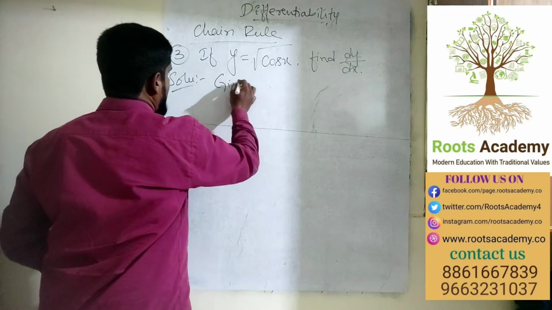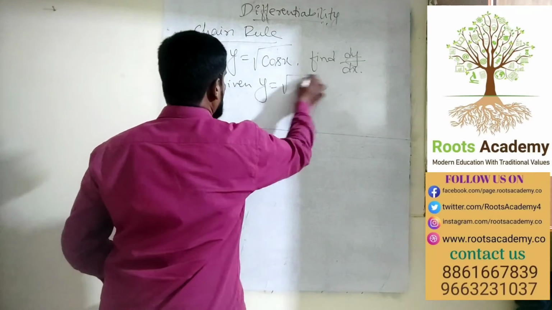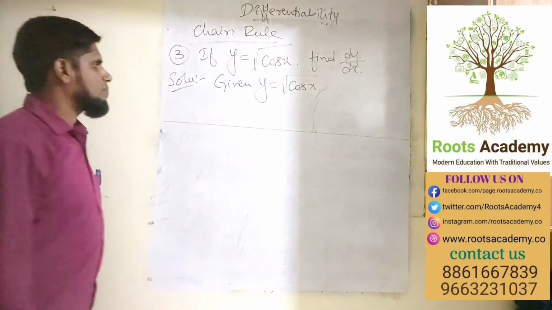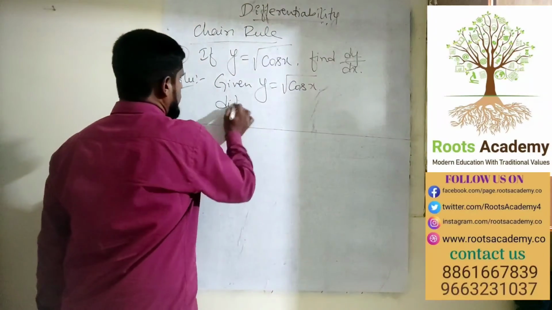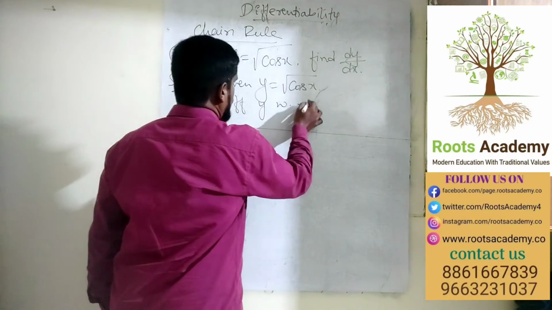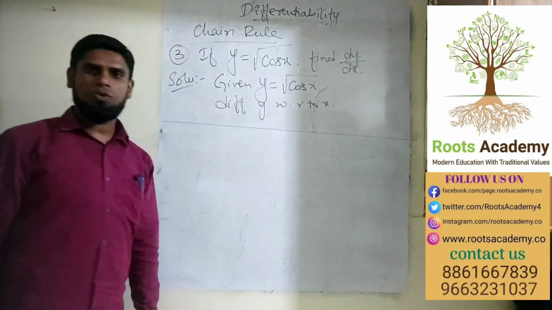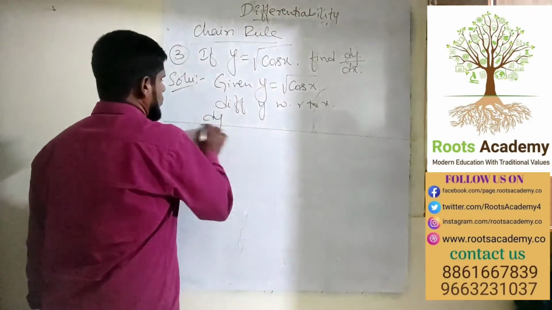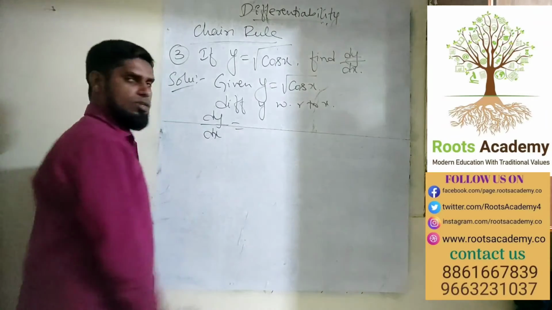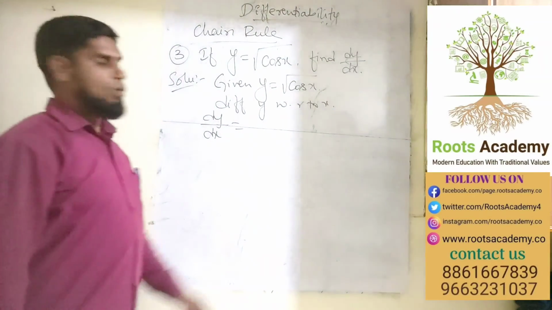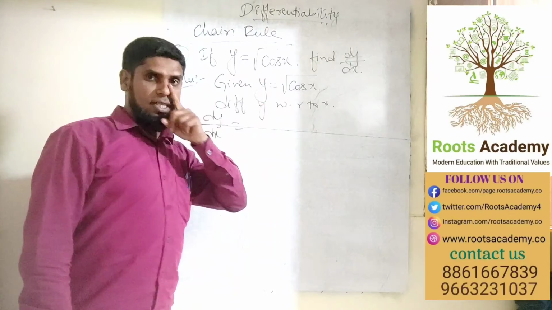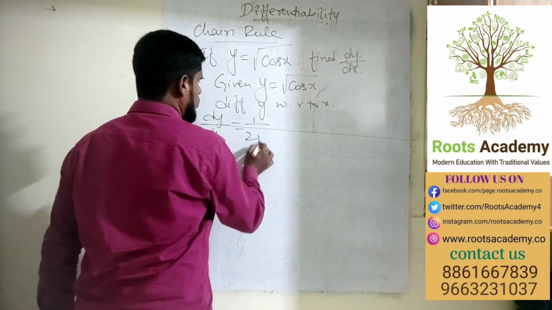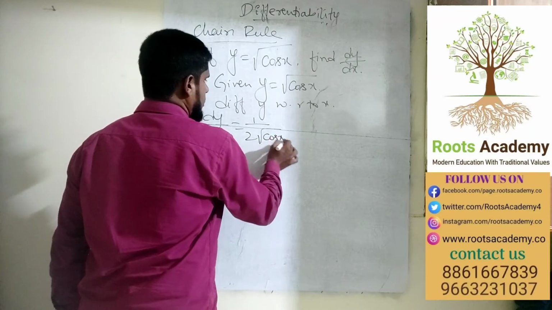So given y is equal to root of cos x, so differentiate y with respect to x. So this is dy by dx is equal to first root form. We have seen that derivative of root x is 1 divided by 2 root x.